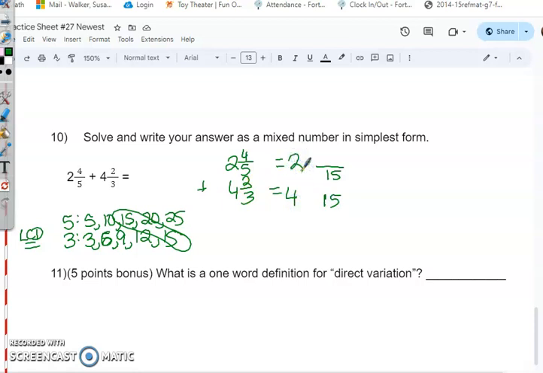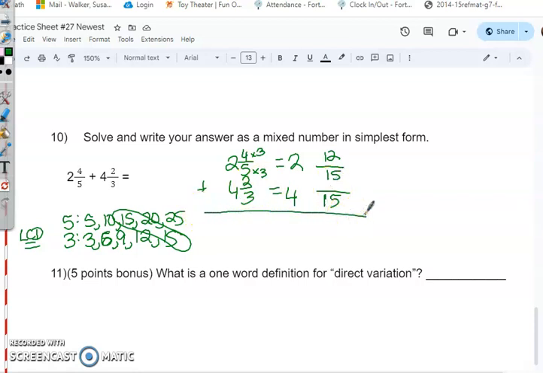Your job is to make equivalent fractions. For instance, 5 times what gives me 15? Well, that would be 5 times 3. 4 times 3 is 12. Then we do the same thing on this one. 3 times what is 15? Then I'm going to multiply the top by the same number. Okay?